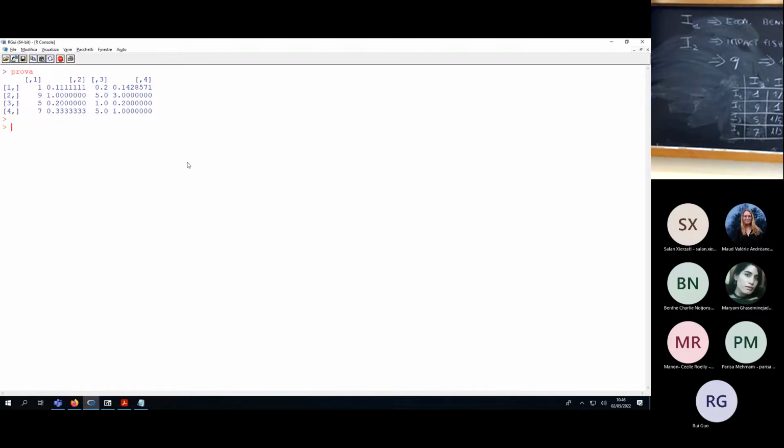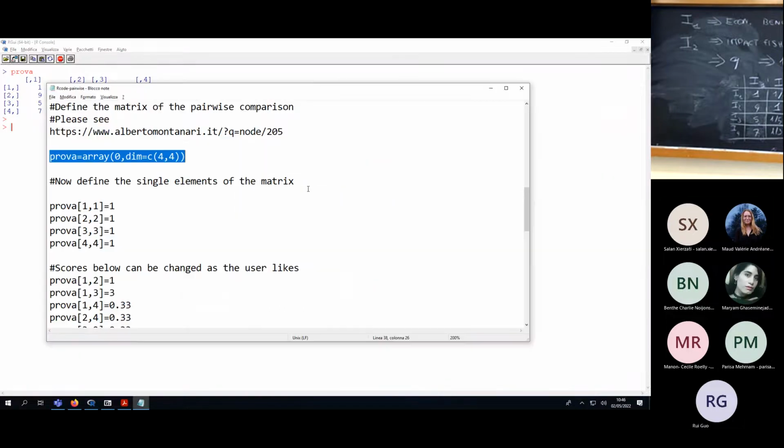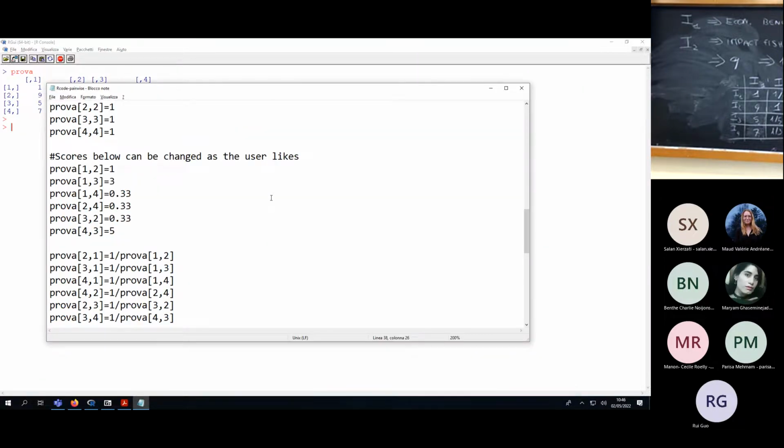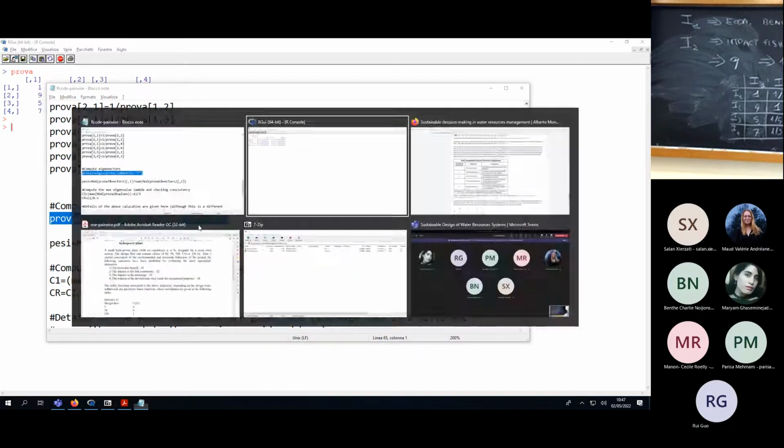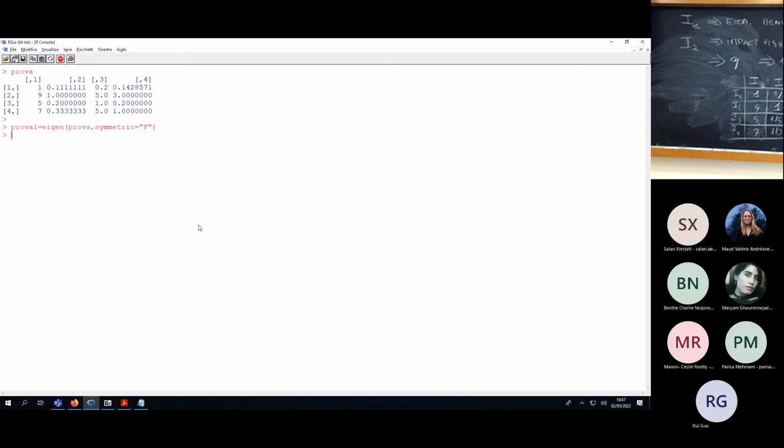Now let's look at the code, how we can compute the eigenvectors. Okay, so this is the instruction. Let me copy it. So it's eigen, prova, the name of the matrix, symmetric equal false, because it's not symmetric, okay?